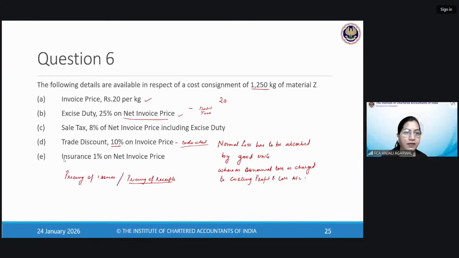Then you have sales tax, which is 8% of net invoice price, including excise duty. So this is 4.5. This is 20 minus 2, that is 18 plus 4.5, which is 22.5, and 8% on 22.5.